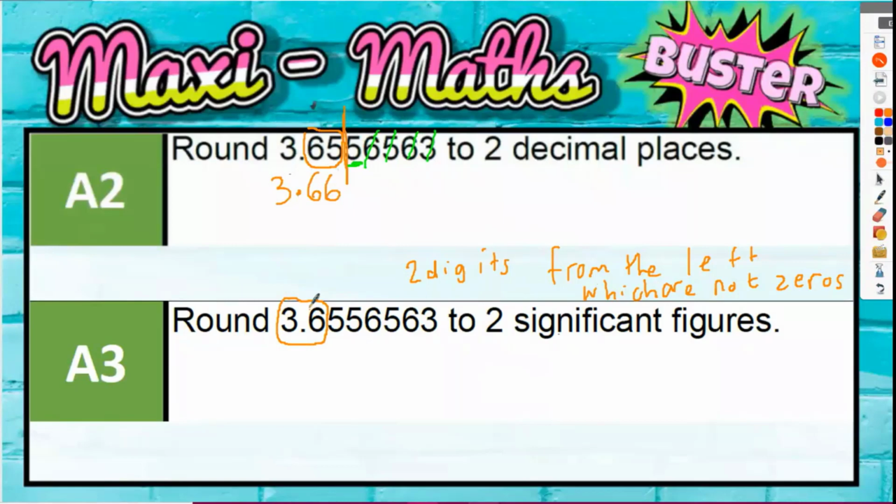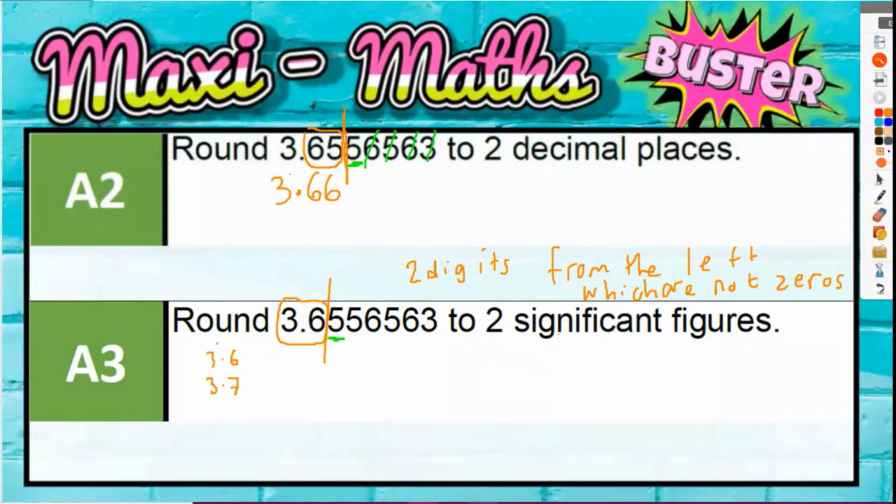Same again, draw a circle around them, drop a line after it, and it's the very next digit which affects what happens to them. So I'm going to underline that in green like I did before. So this 5 affects what happens to the 3.6. There are only 2 options. It's either going to round down and stay as it is, as 3.6, or it's going to round up to 3.7. They are the only 2 options.